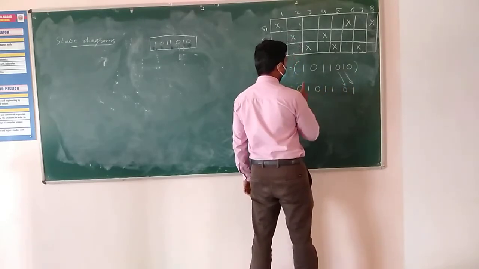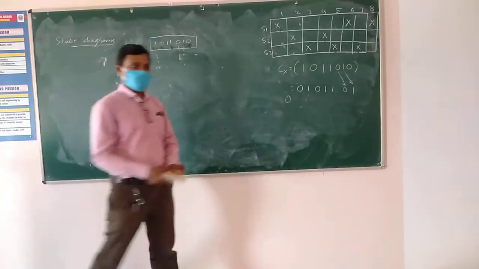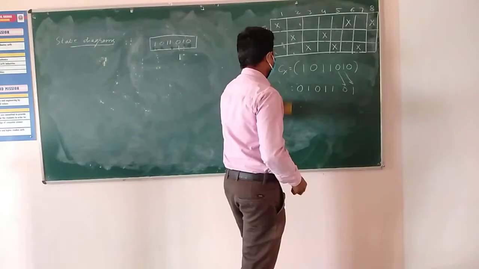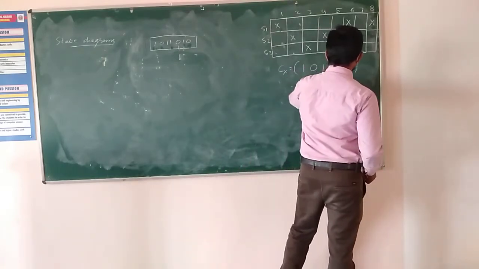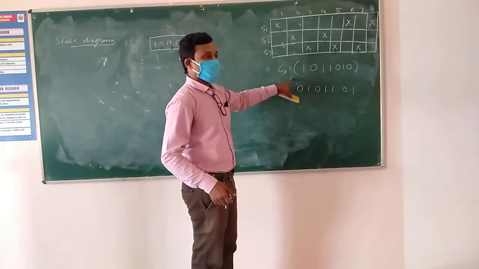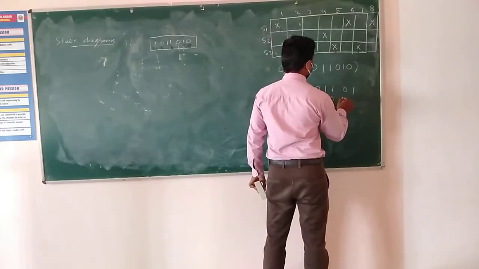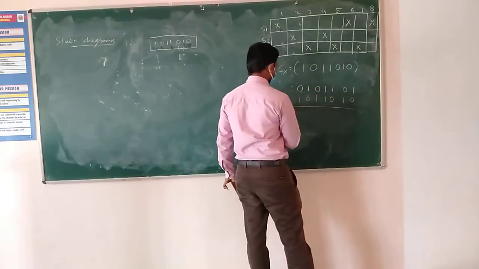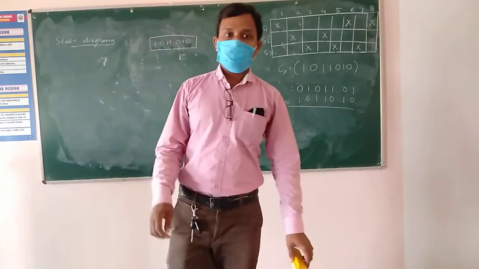And the leftmost bit is 0. Add 0 at the leftmost bit. Now, bitwise OR with the initial collision vector. Which is the initial collision vector? This is the initial collision vector. Bitwise OR operation.